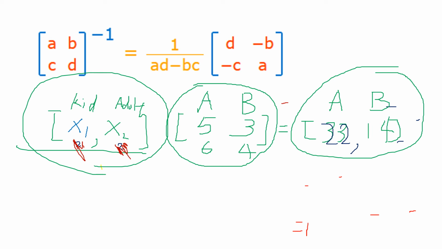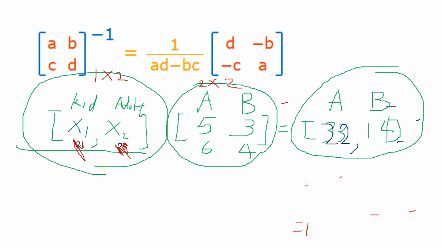We have to use the matrix rules to figure out how many kids and adults there are. So this is a 1 by 2 matrix, and this is 2 by 2.